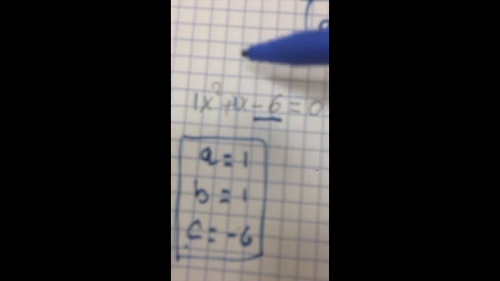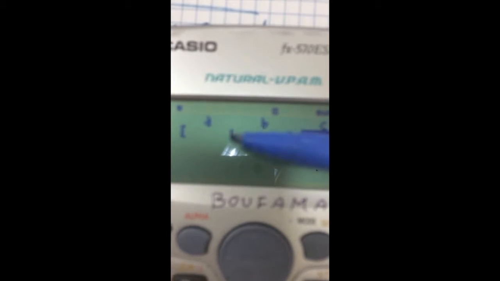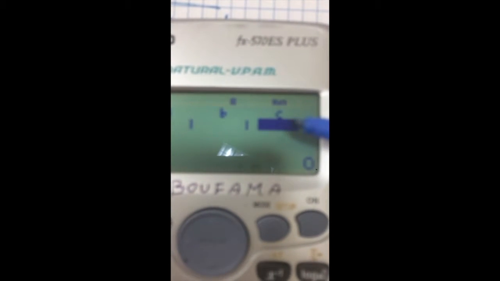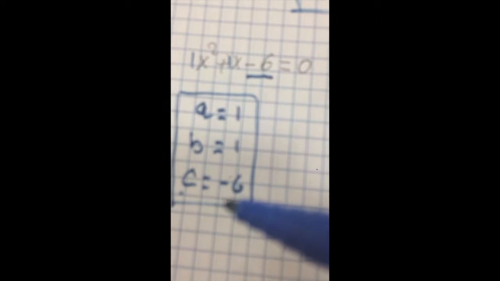And now the calculator is asking for the value of b. b is 1, coefficient of x. So we enter 1, equals. And then here we are. We have a 1, b 1. And the calculator is now asking for the value of c. c is minus 6. So we enter the value of c, minus 6.